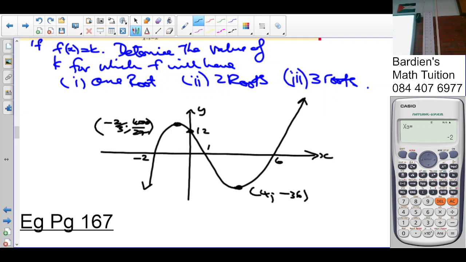Now coming back to the question at hand. The question says, for which values of k will we have one root?